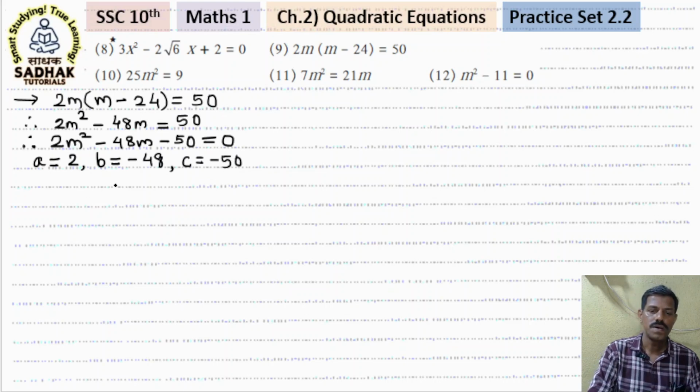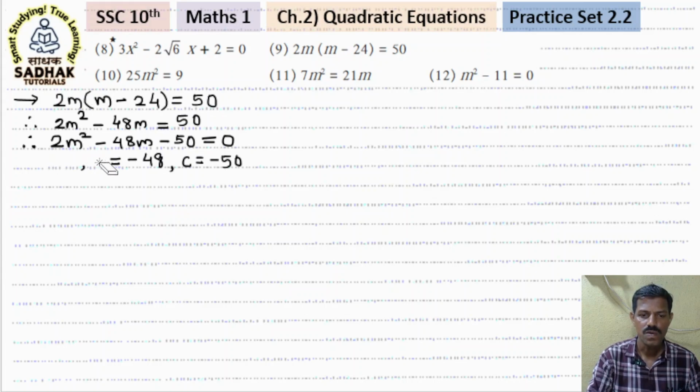Okay, but here we can see that all these numbers are multiples of 2. So let us first reduce these numbers. Okay, so the equation that we are having, let us first divide this equation by 2. Divide the equation by 2.